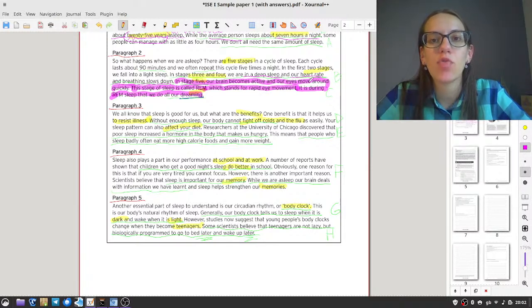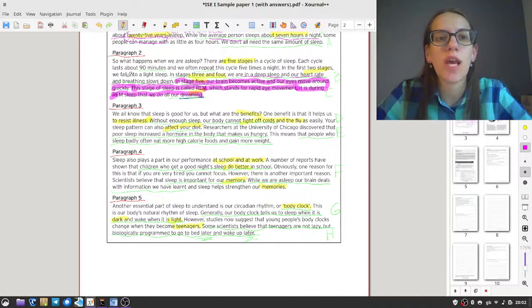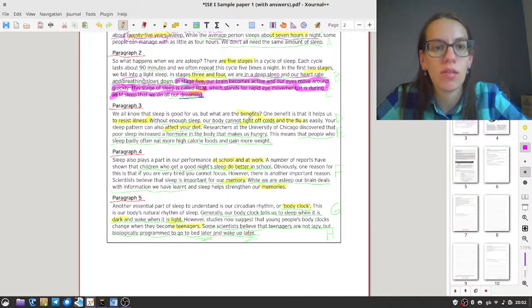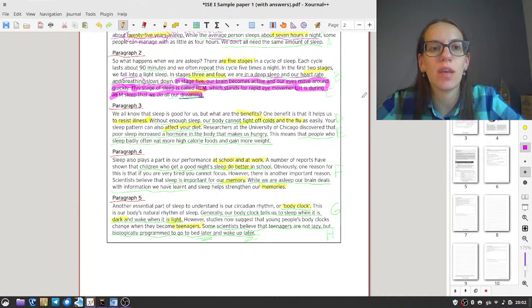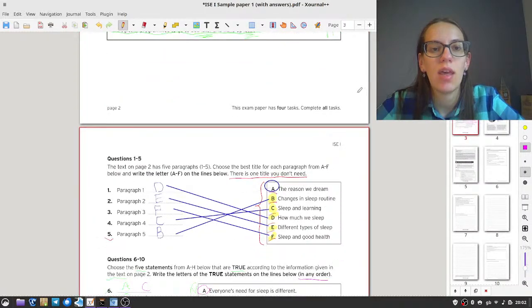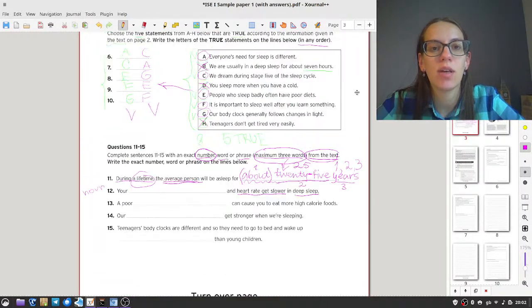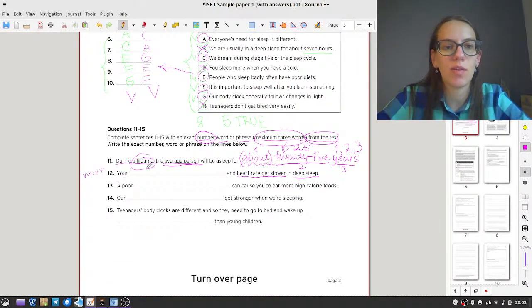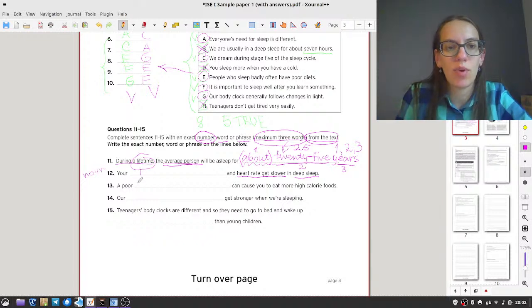But our heart rate, we have this information here. Deep sleep, heart rate slows down. So heart rate and what? Heart rate and breathing. So breathing is the correct option here. The missing word here is breathing.